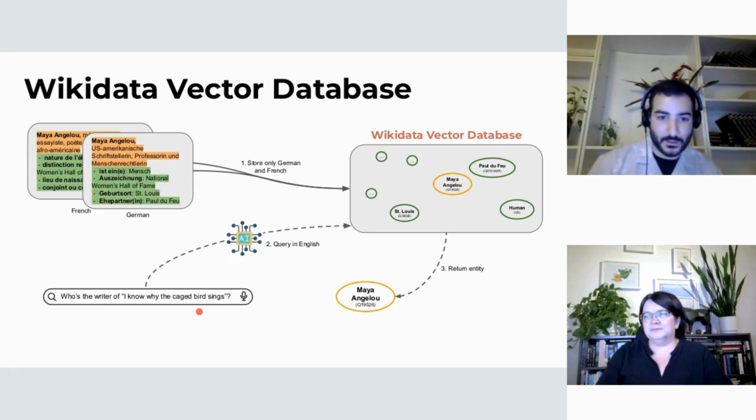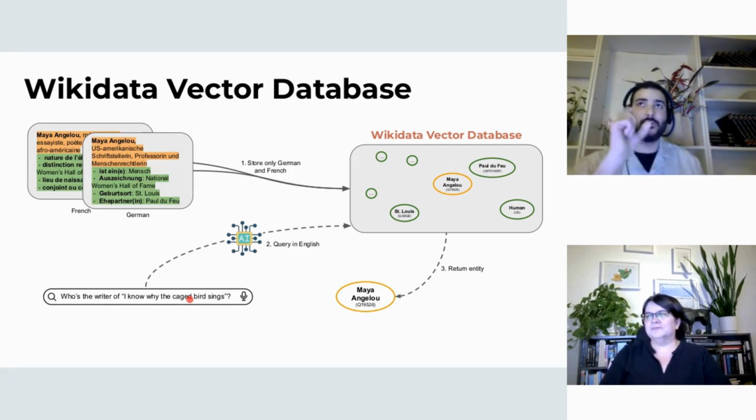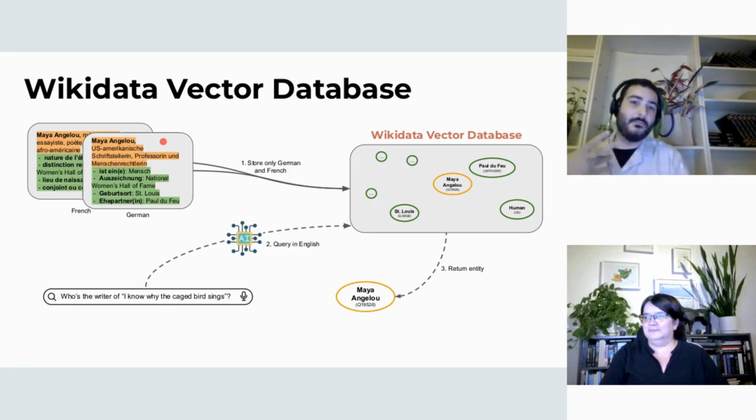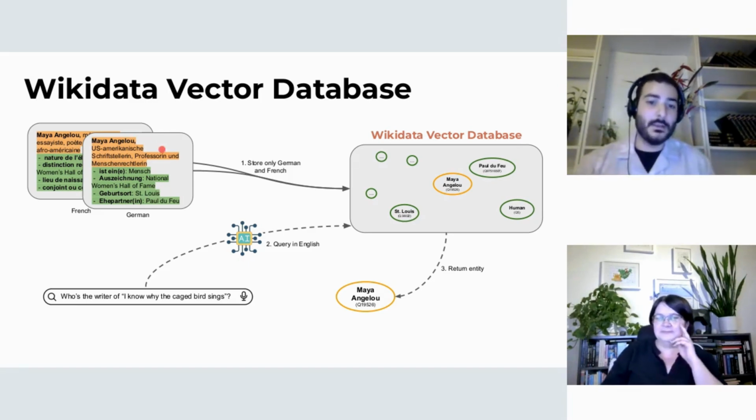I don't have a good example for this, but maybe I'll just talk about it. For example, in English, we say label, Maya Angelou, the description, and we say also known as, and then all the aliases, and a lot of nuances that make sense in English.